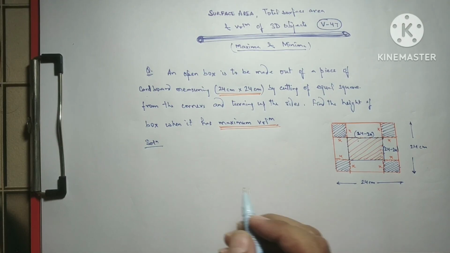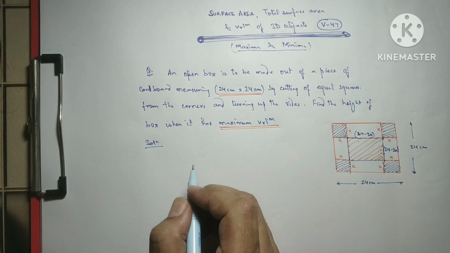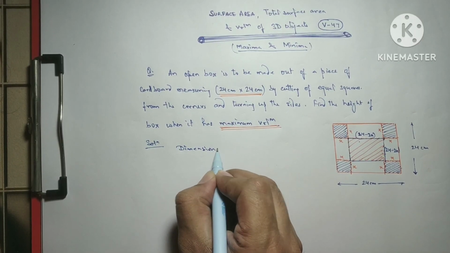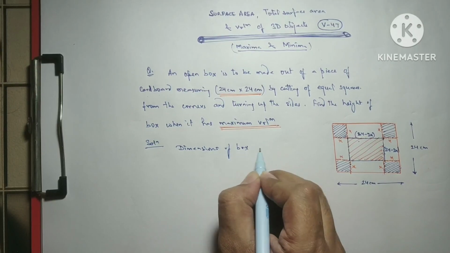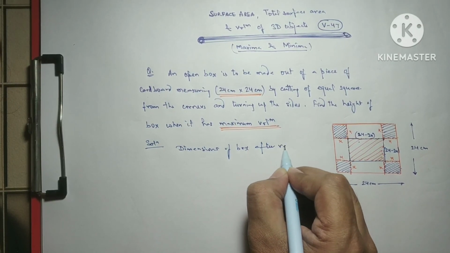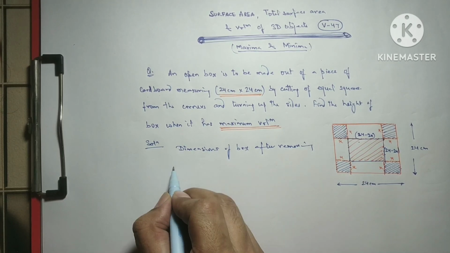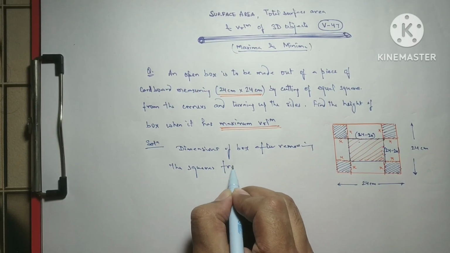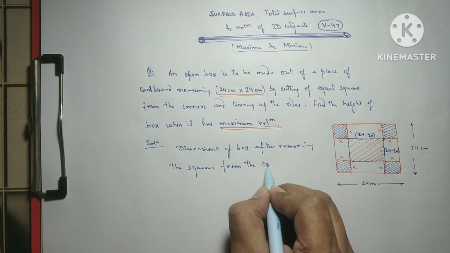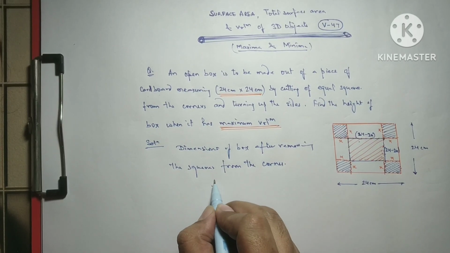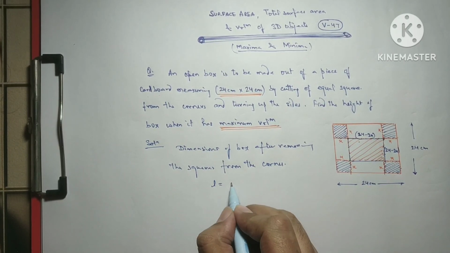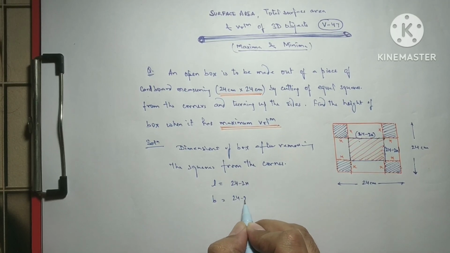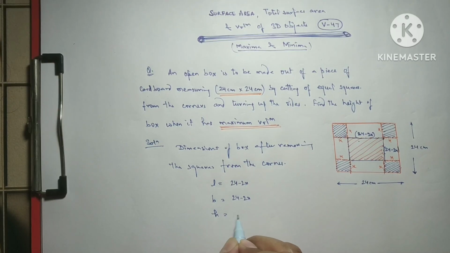So the dimensions of the box after removing the squares from the corners: length will be 24 minus 2x, width will be 24 minus 2x, and the height will be x.